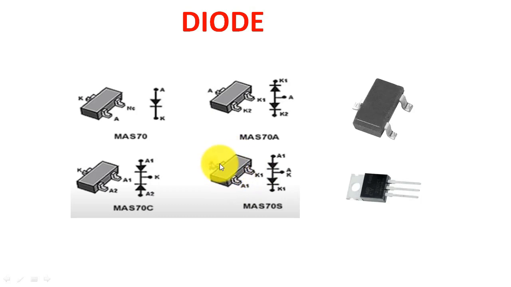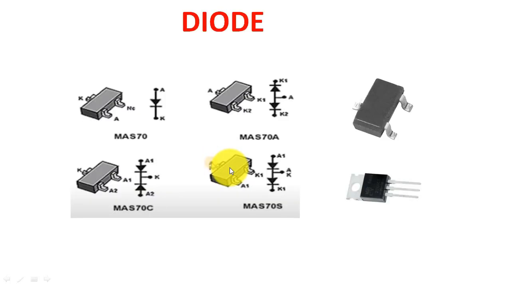And there is a different use. There may be an anode or cathode at the upper pin, and in the lower pins, the left-side pin is the anode and the right-side pin is the cathode. So there may be a common anode or common cathode, or an anode point on one leg and a cathode point on another leg.